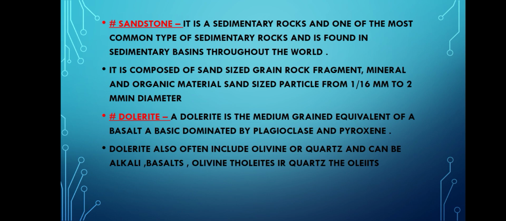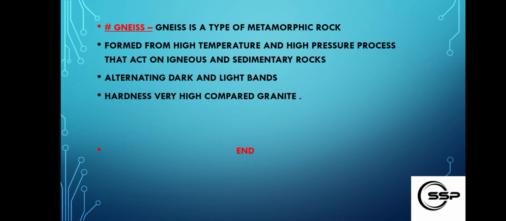Next point, dolerite also often includes olivine or quartz and can be alkali basalt, olivine tholeiites, quartz tholeiites. Now, gneiss. Gneiss is a type of metamorphic rock formed from the high temperature and high pressure processes that act on igneous and sedimentary rocks, with alternating dark and light bands. Next point, hardness is very high compared to granite.